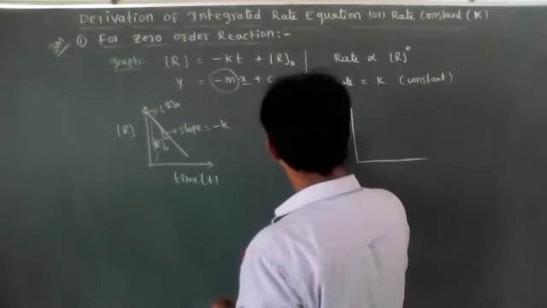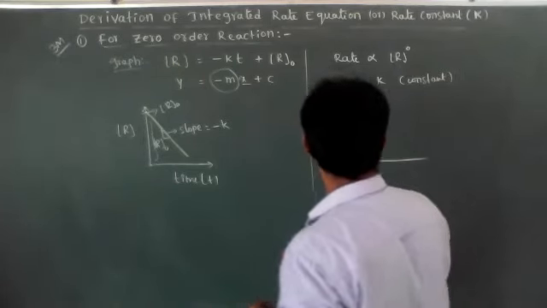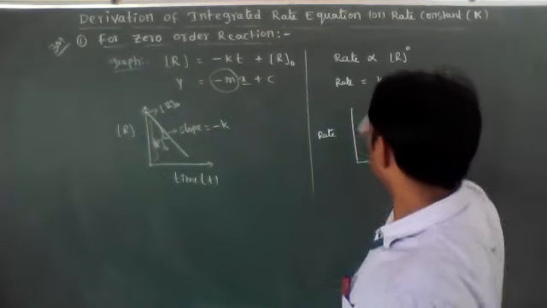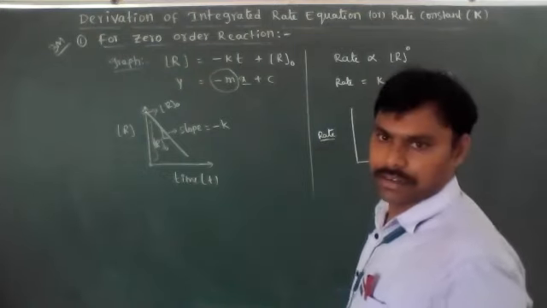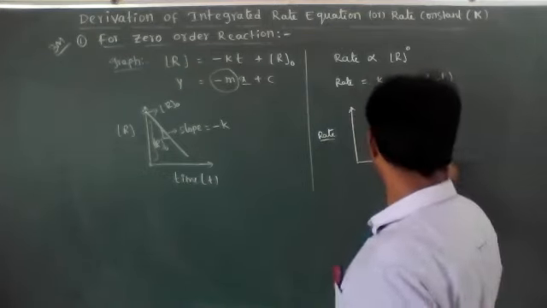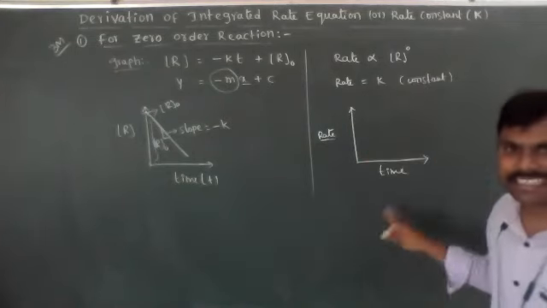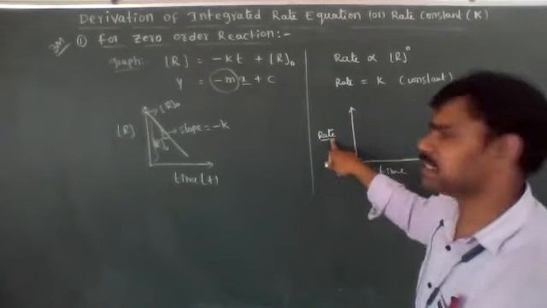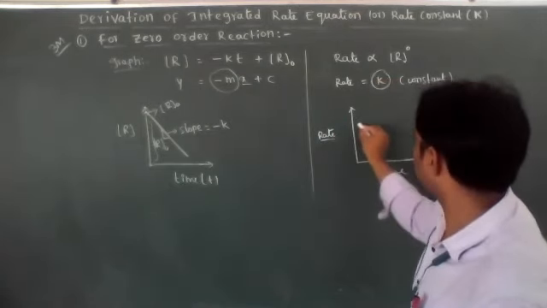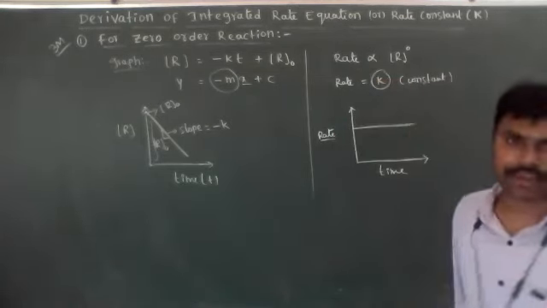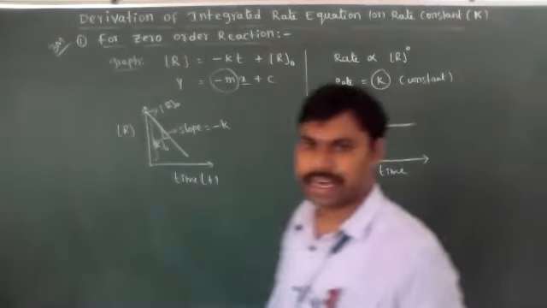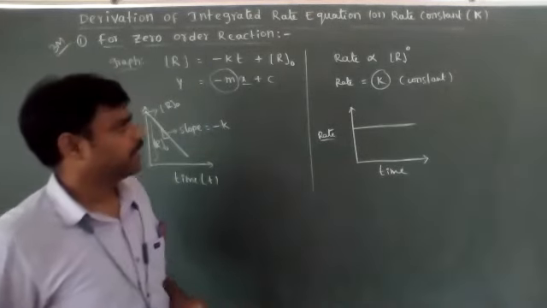So you take the rate of reaction on the y-axis and the time on the x-axis. With changing time the rate is not changing, it is a constant equal to k. That's why the graph will be parallel to the x-axis.